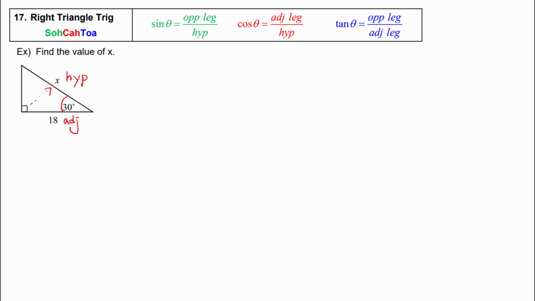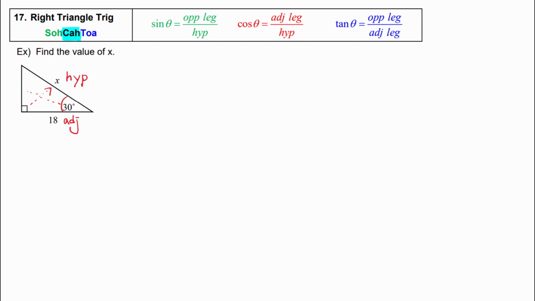So then that makes the other side opposite. However, right now, what you have is adjacent, and what you need to solve for is x. So you need SOHCAHTOA such that you use adjacent and hypotenuse. So what would that be? Yes, adjacent over hypotenuse. So you're going to use cosine.